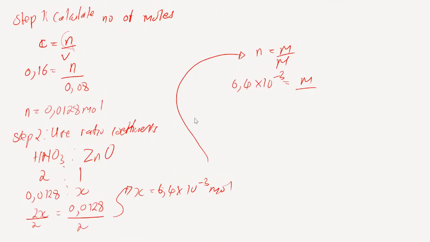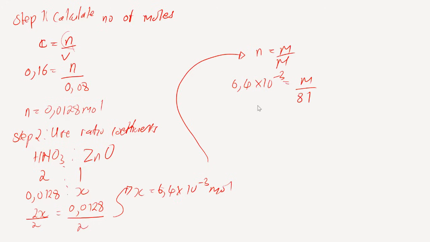Now we have to consult our periodic table. The molar mass of zinc is 65, plus 16 for oxygen, so that gives us 81.